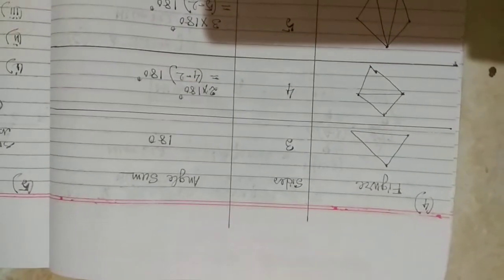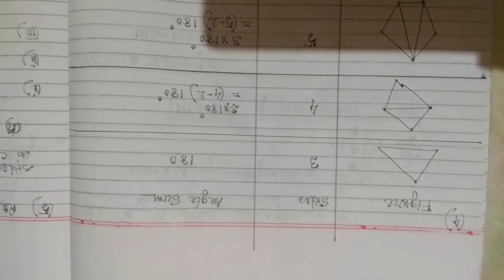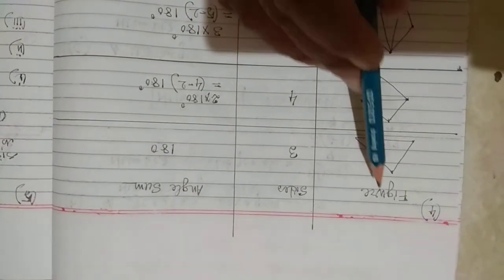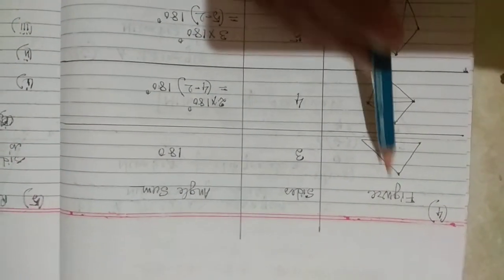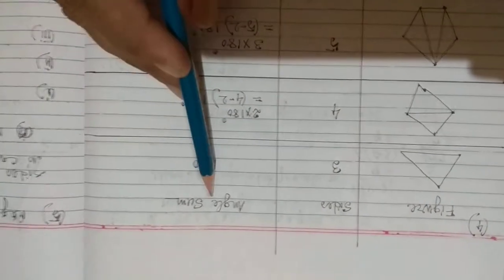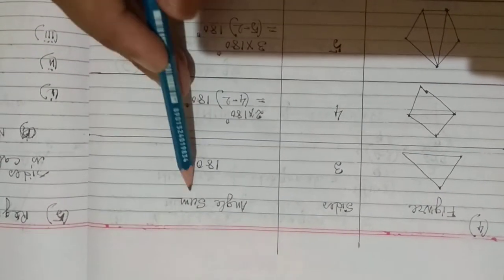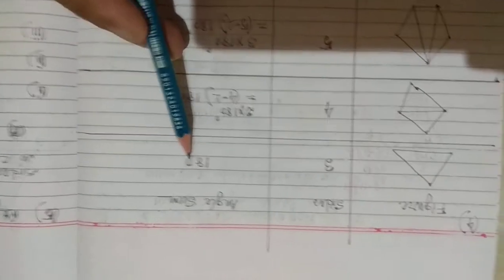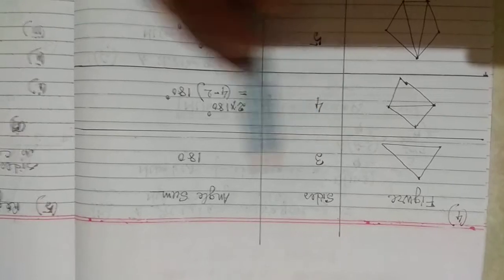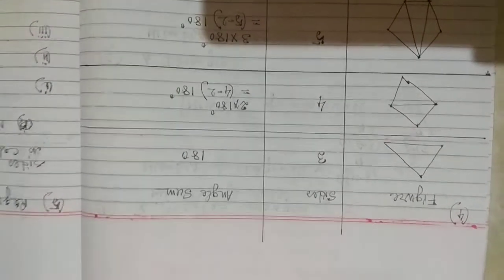Now question number 4. In 4 there are 3 columns: name of the figure, number of sides, and angle sum of all the interior angles. Here it is a triangle, so 3 sides, and the sum of all three angles is 180 degrees.